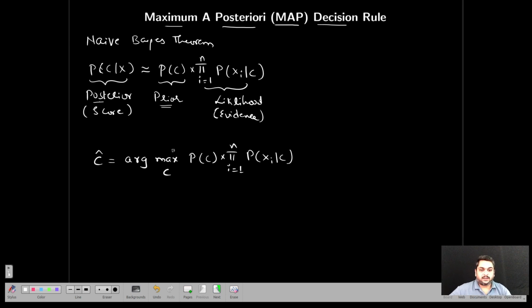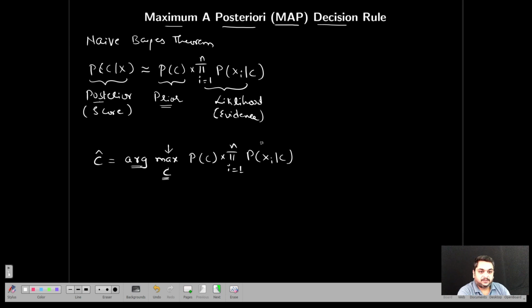So what does argmax mean? What am I trying to do here? Maximize, so max: I'm trying to find the maximum of the probabilities of all the classes. Below the max, C is written. Arguments means what are the inputs from which I am taking.